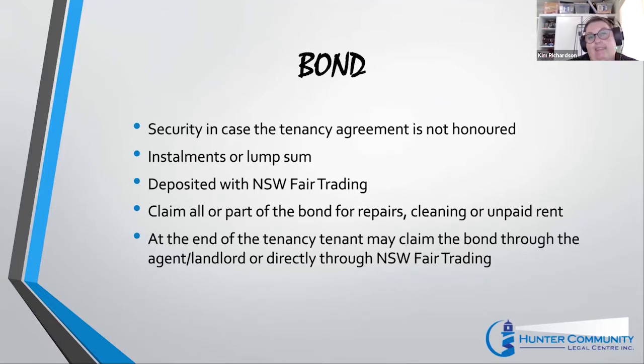The process is the same. You fill in the form with the amount that you want paid to you. You don't need to get the landlord or the agent's signature. You just send the form back to Fair Trading. Fair Trading will give the landlord or the agent written notice that you have made a claim. And if the landlord or agent doesn't dispute it, then Fair Trading will simply return the money to you after 14 days.